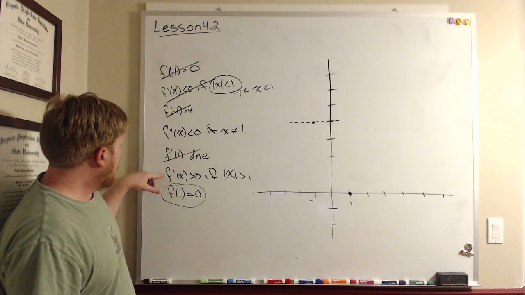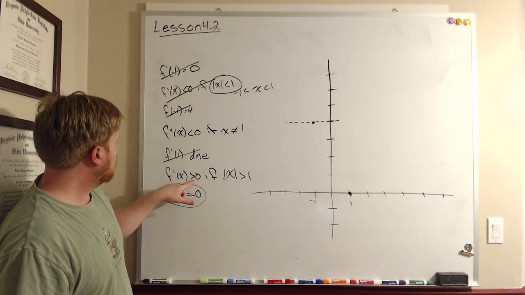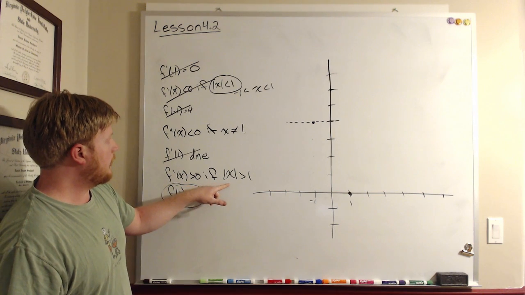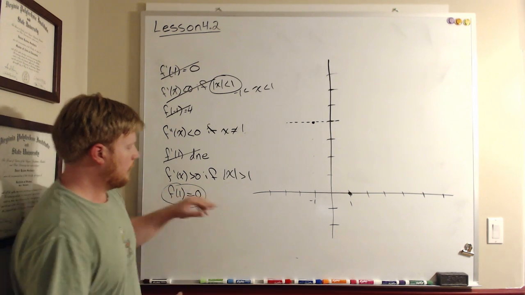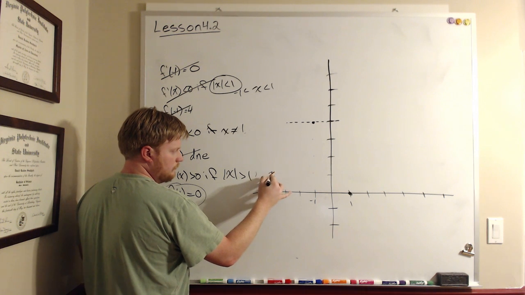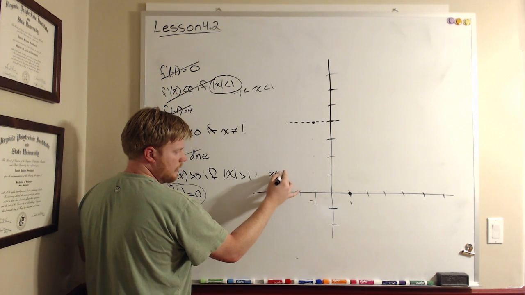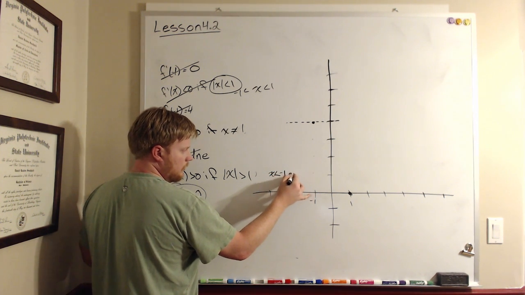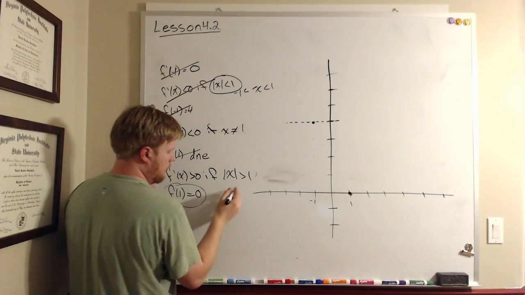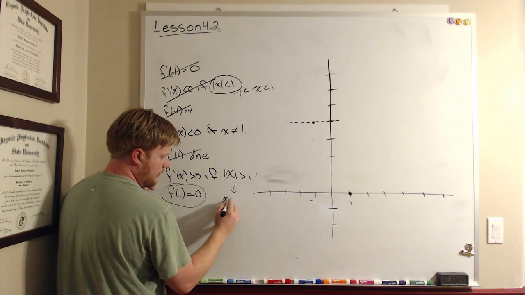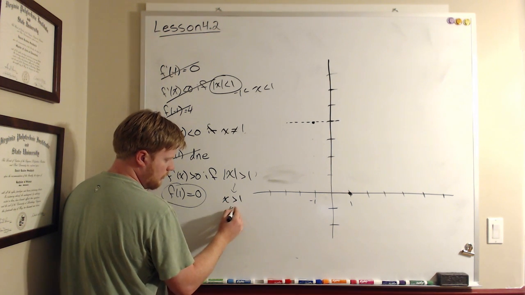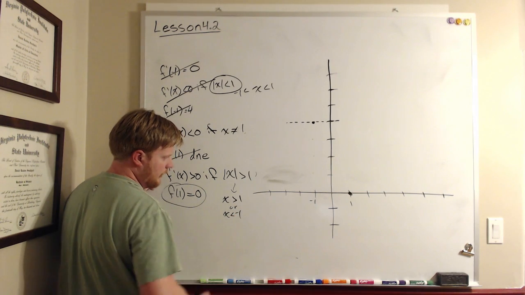Let's see. F prime of x is greater than 0, so the slope is positive if x is outside of 1. So remember, this is written as x less than -1 or x is greater than 1.